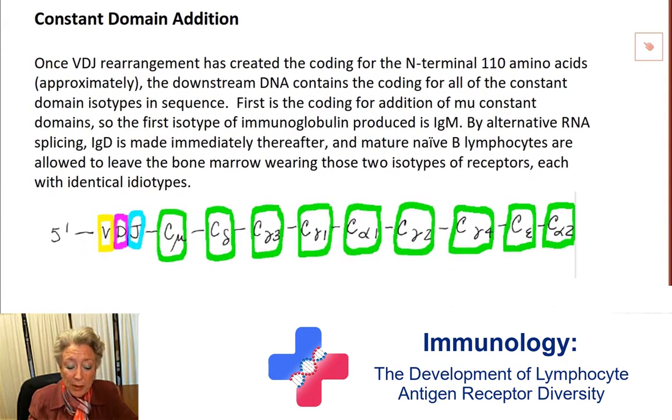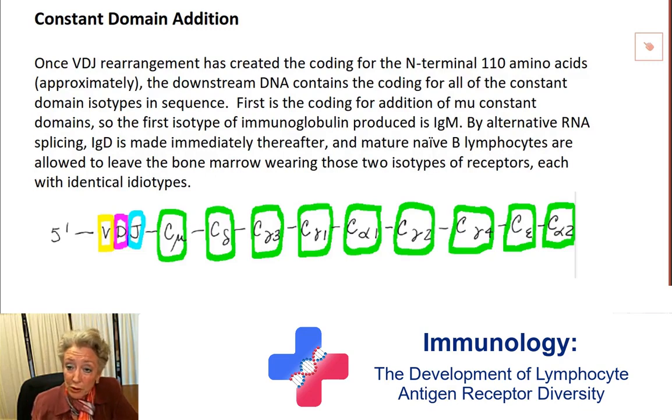Now, the final step in this process, as I alluded to before, is the addition of the constant domains of the receptor. So when we're talking about B lymphocytes, we're talking about those constant domains that will dictate the isotype of the receptor. And in the case of the T cell, we're talking about the alpha and beta constant domains for those types of chains.